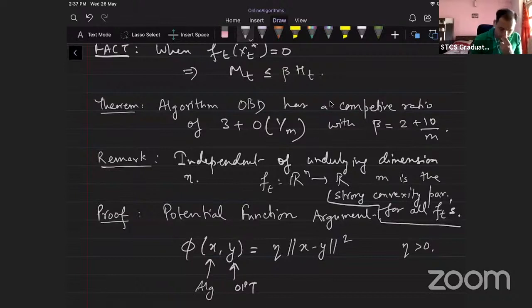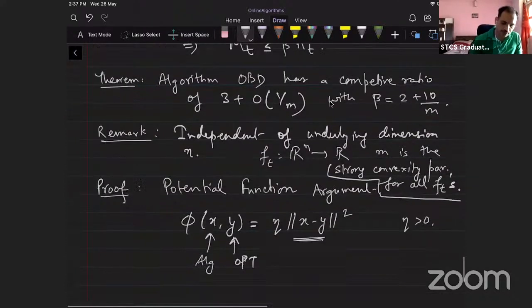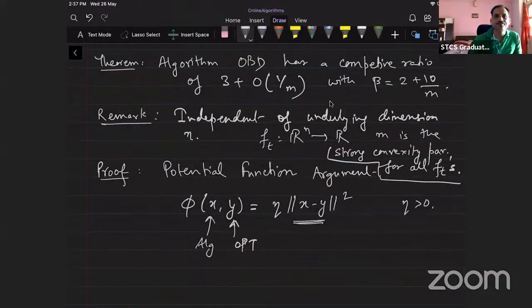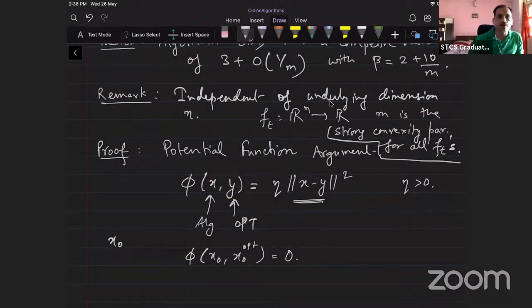You can think of this as some sort of difference of the movement cost, or how far you are compared to the OPT. That's what this is capturing. Eta is some constant greater than 0. So initially, both the algorithm and the OPT start at the same point, which is x_0. So phi of x_0, x_0 OPT is equal to 0. That's an important thing to remember because both of them start at the same time. And phi of x_t, x_t OPT is always greater than 0 because of the definition.